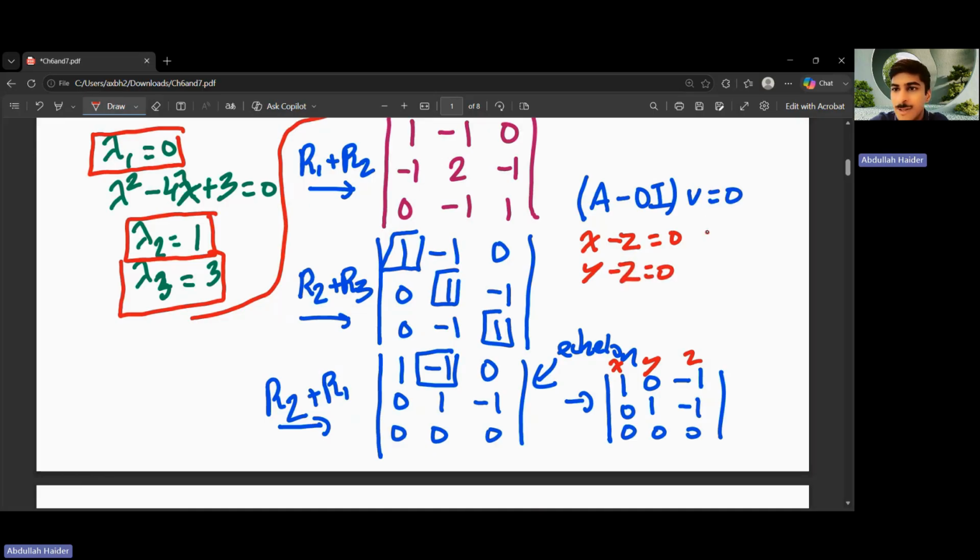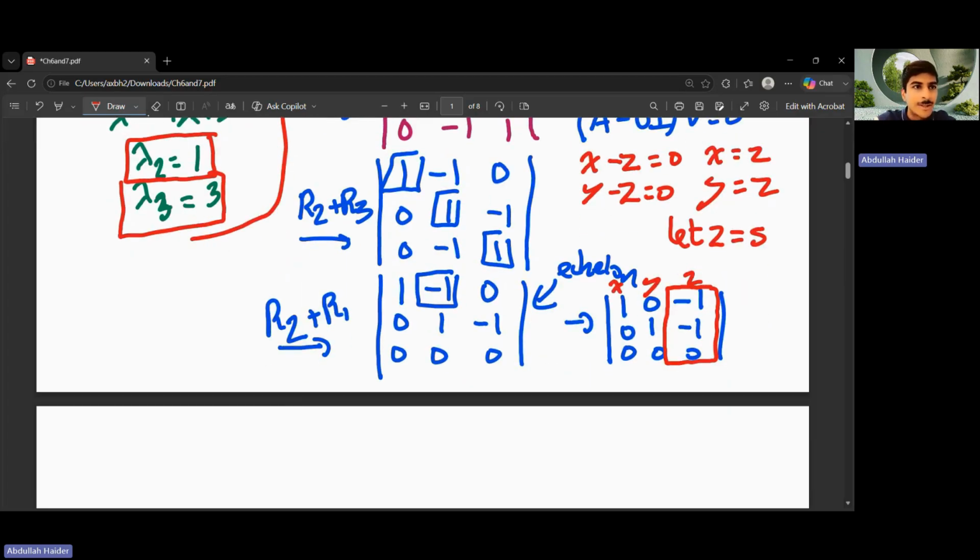In most cases, you get x equals z and y equals z. Note that z is your free variable because you don't have a pivot column here. So we can let z be s.